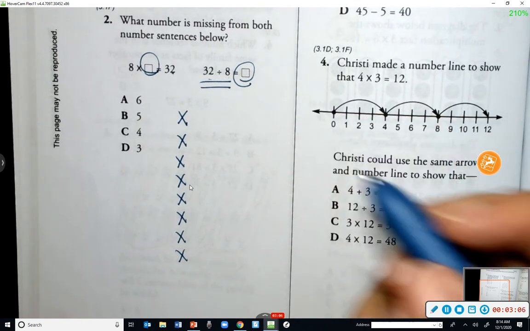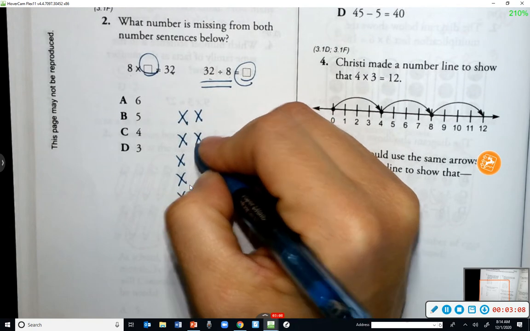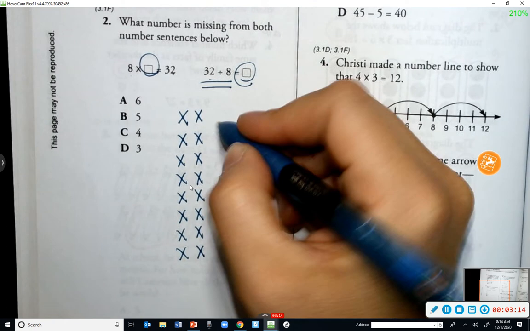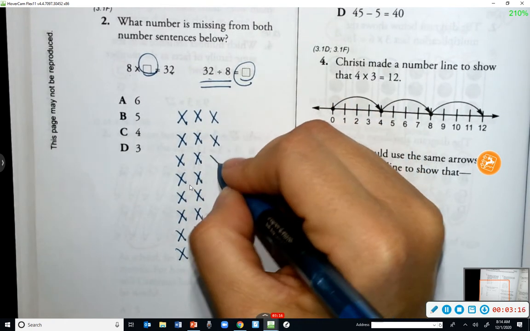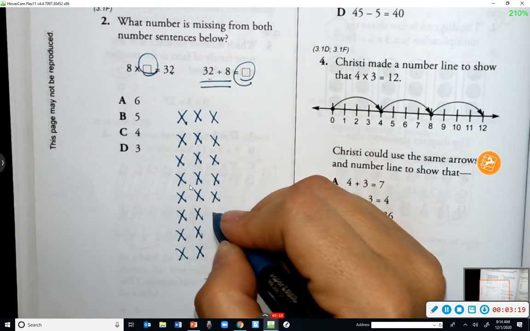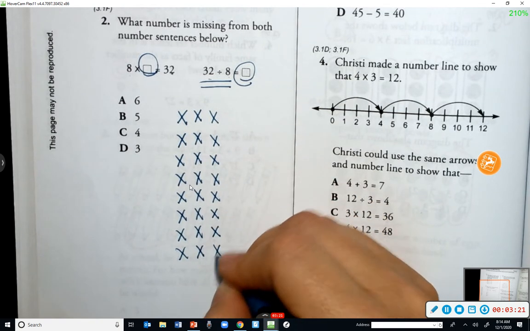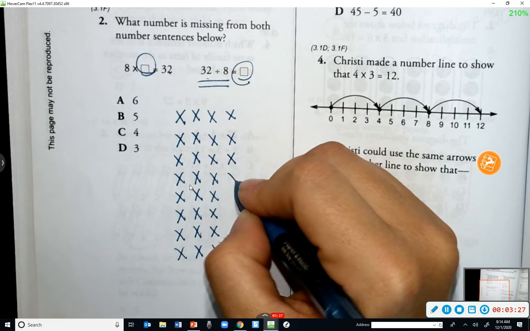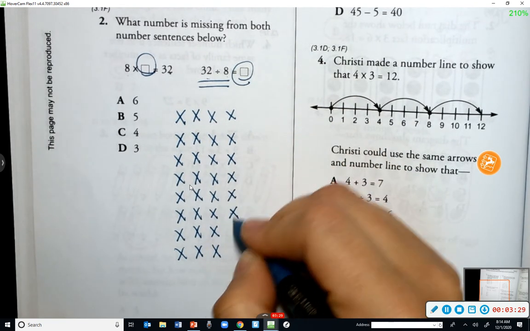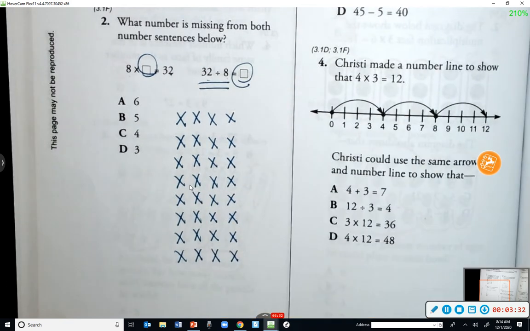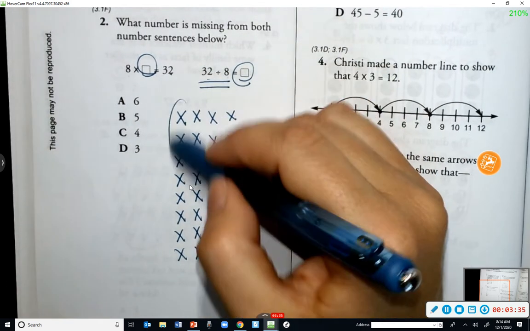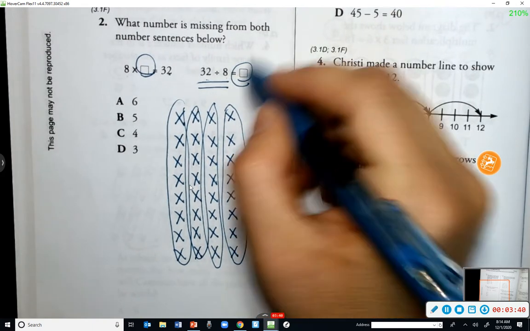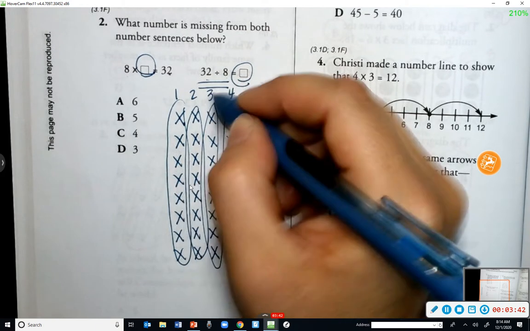So this would be 9, 10, 11, up to 32. And we stop, and I see I've made 1, 2, 3, 4 columns. So 4 is correct.